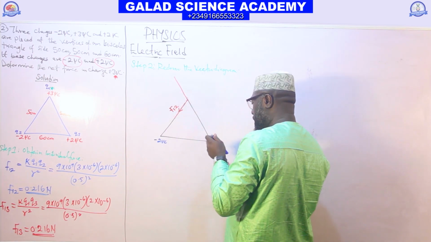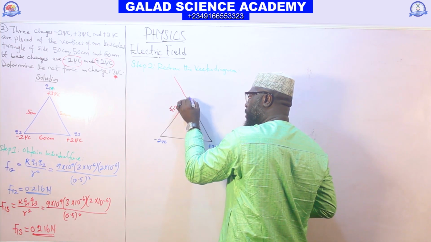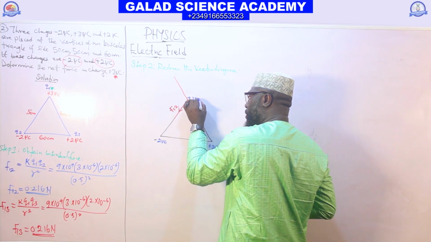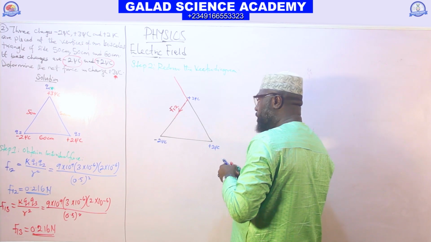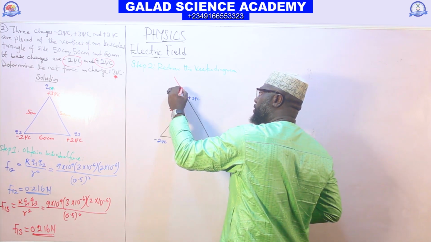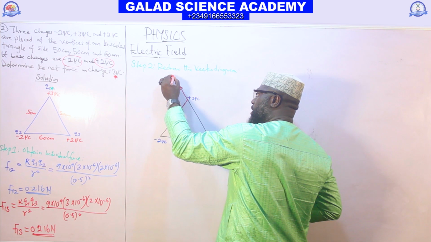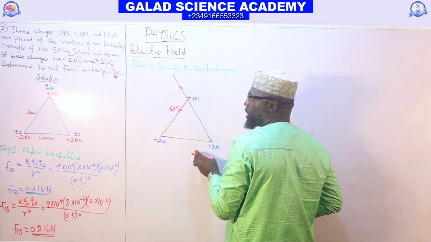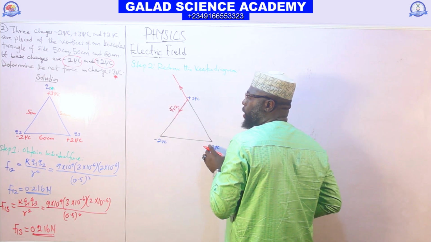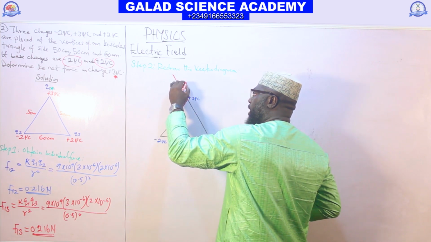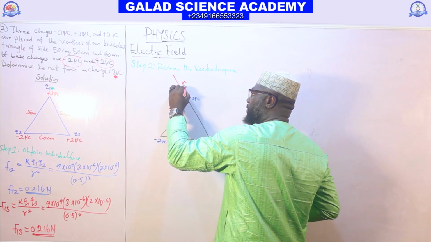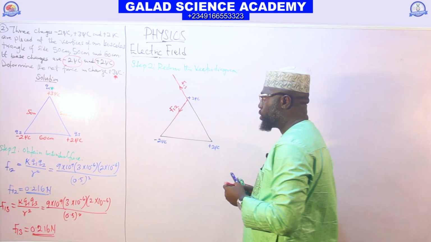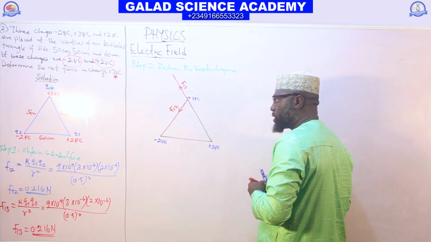Here we have plus 3 microcoulomb. So when it's going up like this, in between Q1 and Q3, we have F1 and F3. Good.